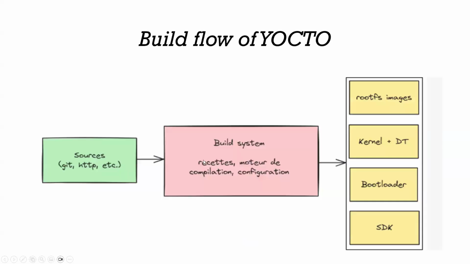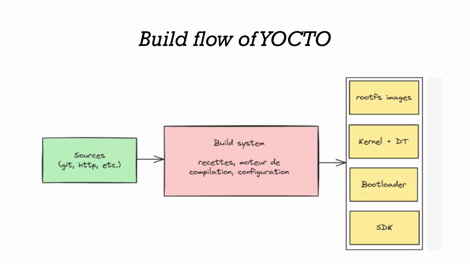Then in your build system, you have the bitbake files. Bitbake is basically a system which pulls, configures, and then compiles. Its compilation is not direct. It looks for the dependencies as well.